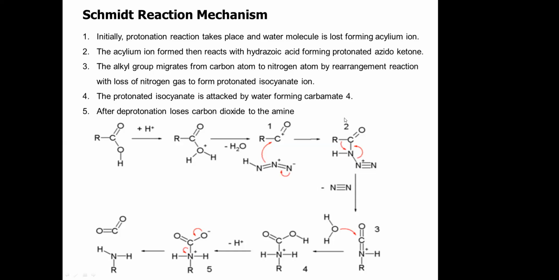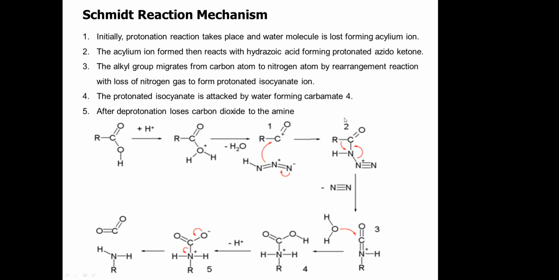So this azidoketone undergoes a 1,2 shift, that is, the alkyl group from your carbon migrates to your nitrogen atom by rearrangement, and in doing so there is a loss of nitrogen, N2, to form a protonated isocyanate. So you get an isocyanate. Why is it called isocyanate? C double bond O, N double bond. So this is an isocyanate, a protonated isocyanate.